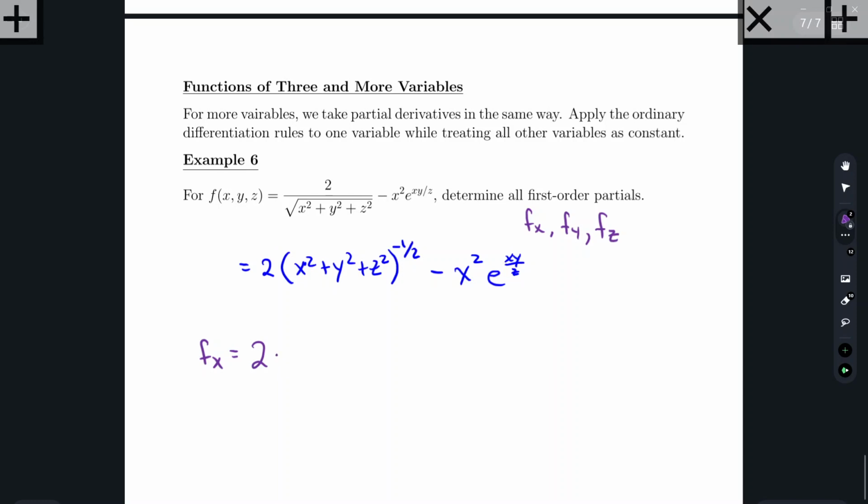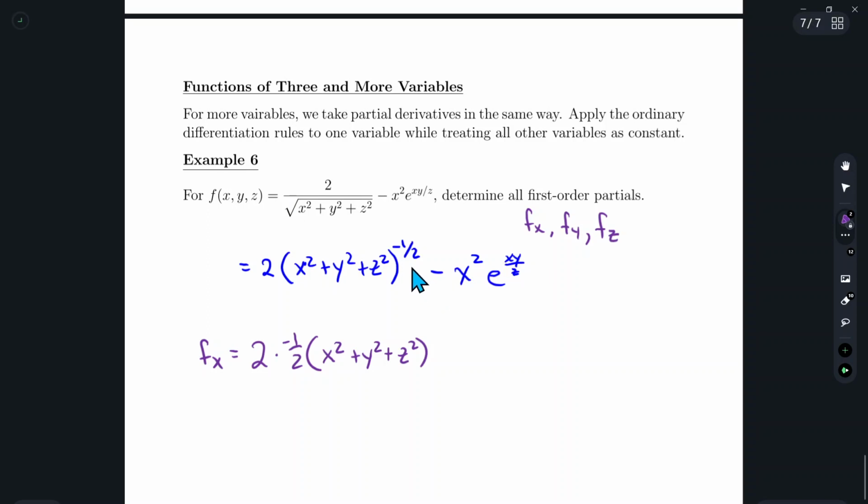The derivative of the outside is the power rule, the inside stays exactly the same, and then I subtract 1 from the exponent, so that's minus 3/2, times, and now again the chain rule, so I have to differentiate inside. x is the variable, so the derivative of this is 2x. Here I'm thinking of both y and z as constants, so the derivative of those goes away. So this part is just 2x.